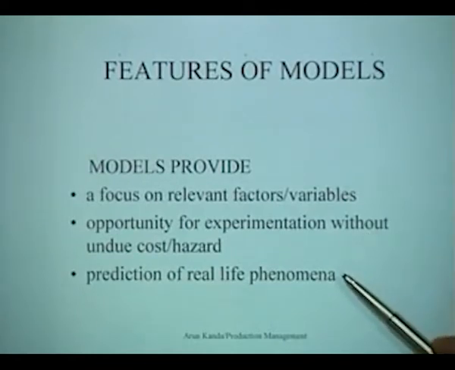And a third major feature of models is that they help in prediction of real life phenomena. There are a lot of uncertainties in the real world. The production manager has to deal with varying demands, for instance. All that he has access to perhaps is the past historical data.